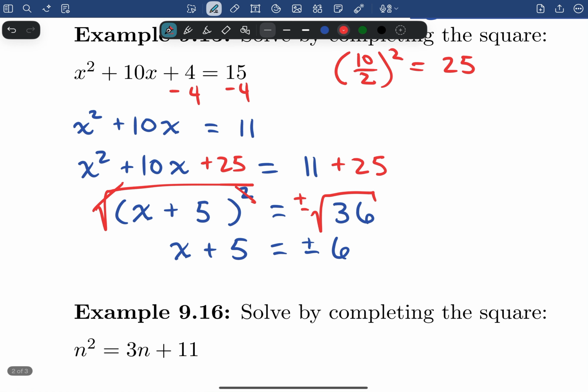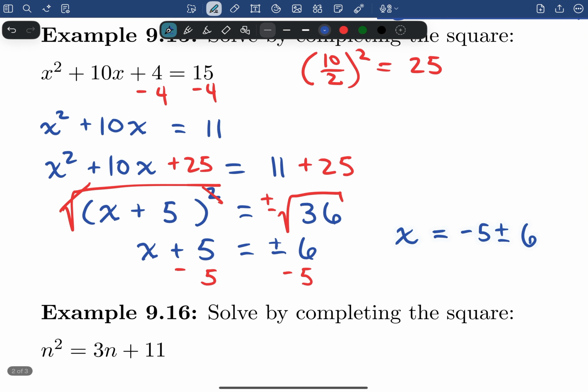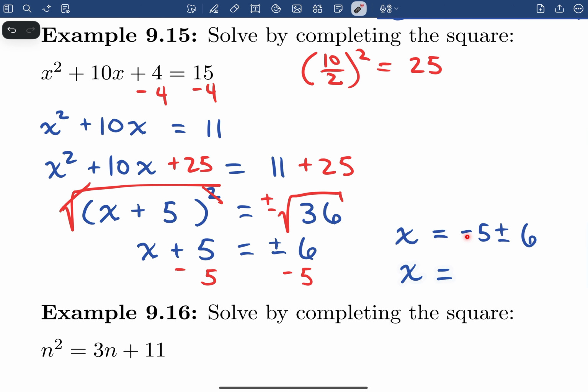And next I'll subtract 5 from left to right. Okay, and I find my answer. X, the variable I was trying to solve for, equals negative 5 plus or minus 6. And I then say, well, there are two solutions. There's the negative 5 plus 6, and there's the negative 5 minus 6.